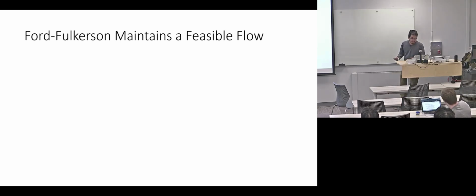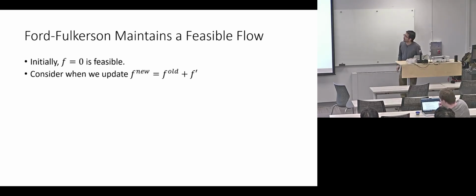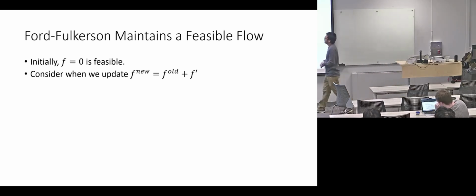Initially, the flow is just 0, which is feasible, and then we try to prove by induction that if the old flow was feasible, then after augmenting along some path, the new flow is still feasible.